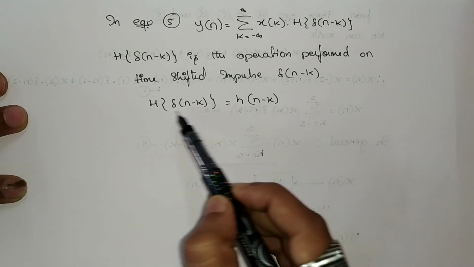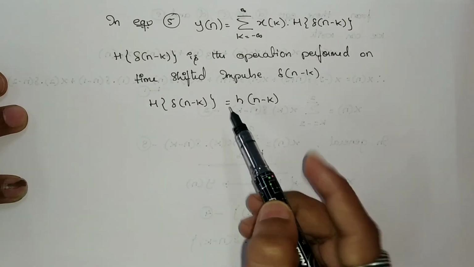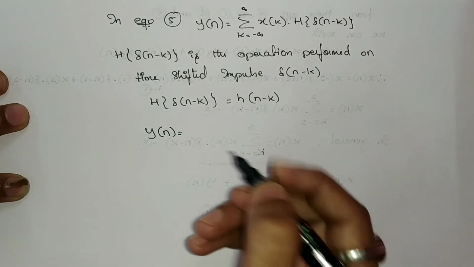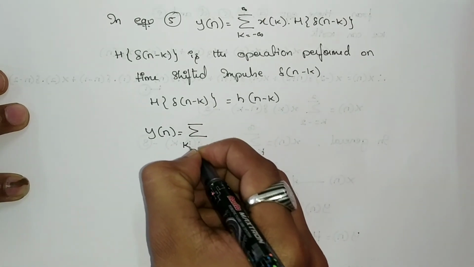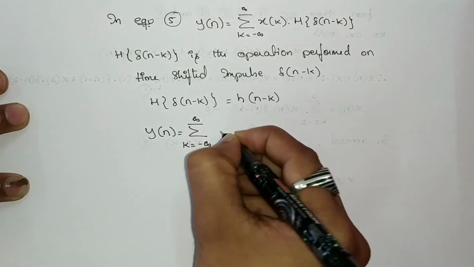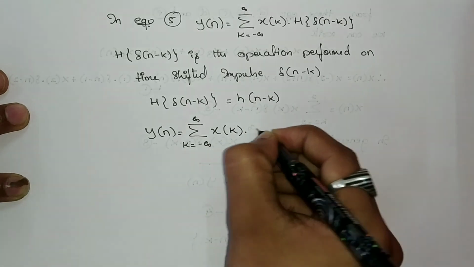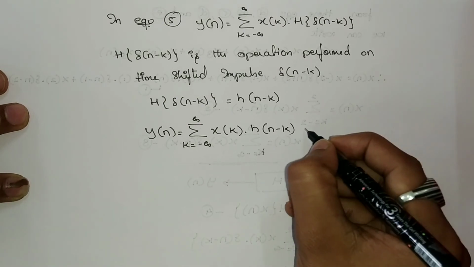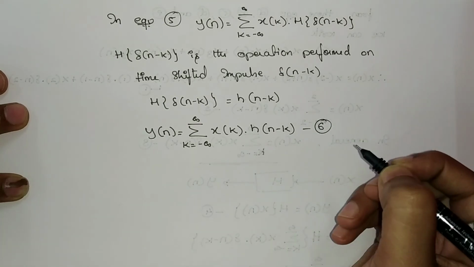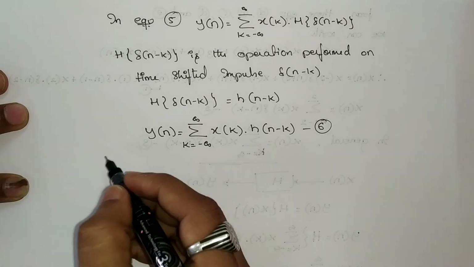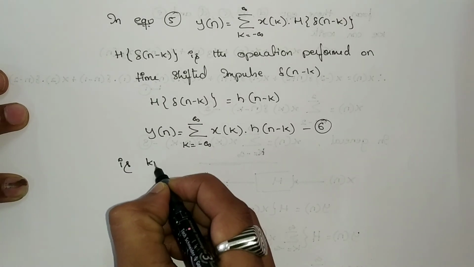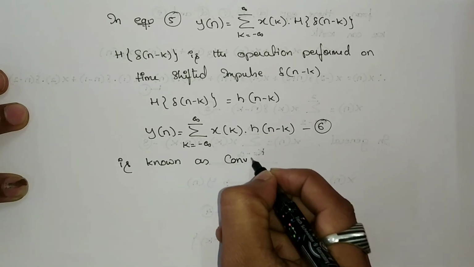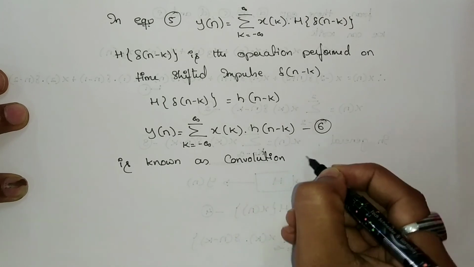Now substituting the value of h of delta of n minus k in the above equation 5, we will be getting y of n is equal to summation of k is equal to minus infinity to plus infinity x of k into h of n minus k, right? Marking it as equation number 6. This equation 6 is known as convolution sum.